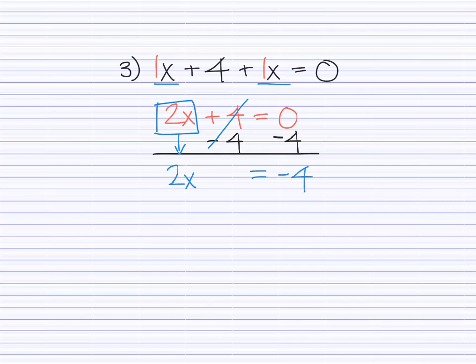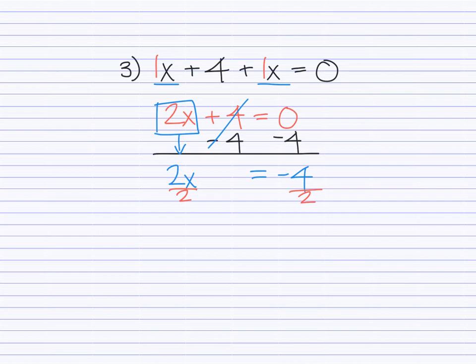Negative 4. Okay? Now our last step here has got to be divide because we got a 2 with the variable x and we got to get rid of it by dividing. Now remember, the reason why we're dividing is because this is 2x, which is 2 times x, and the opposite of multiplying is to divide.